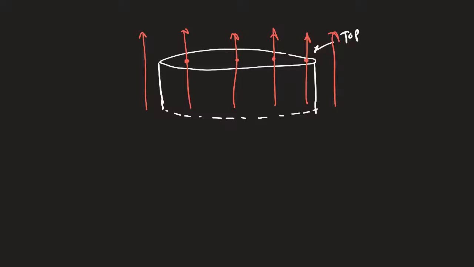So when I want to find the flux, I'm going to have the integral of E dot dA for the top plus E dot dA for the bottom plus E dot dA for the sides. Okay so far?